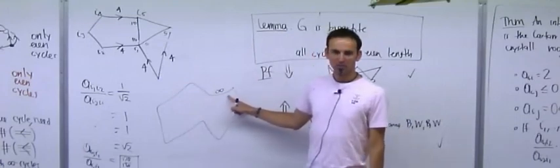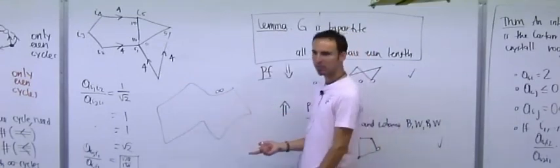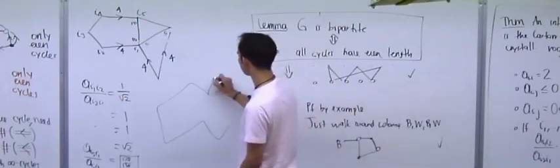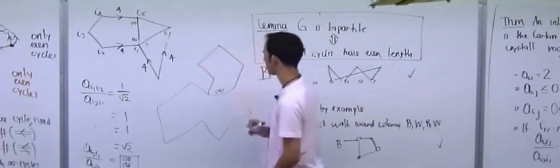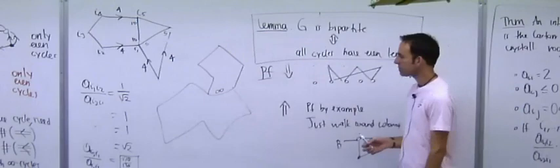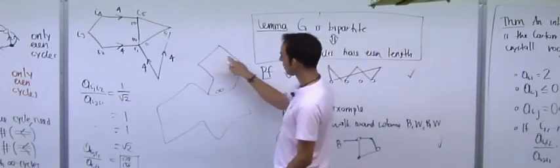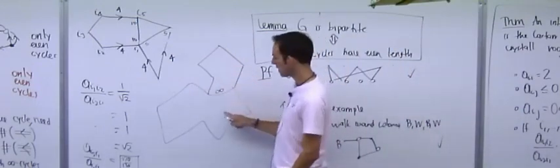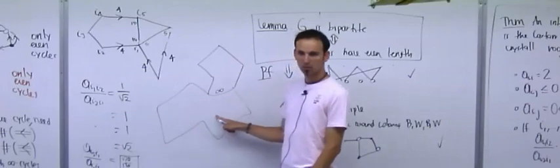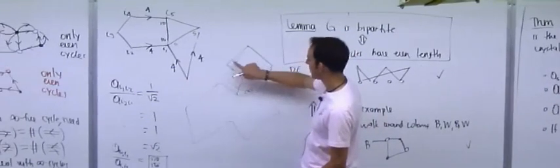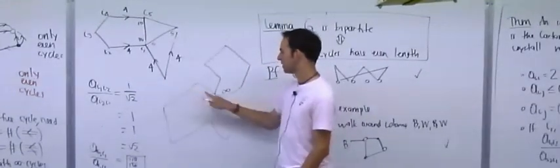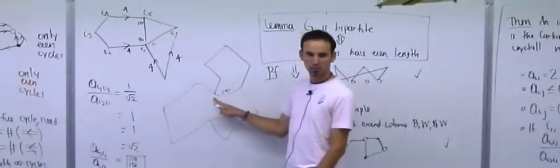The only problem I might have is that a different cycle wants to give it a different value. What's that situation like? It looks like this, okay? So it could be that according to this cycle, I want to give it one value, and according to this cycle, I want to give it another value. But why is that not going to happen? Because the product in this cycle is 1.